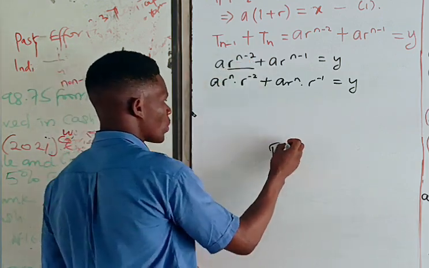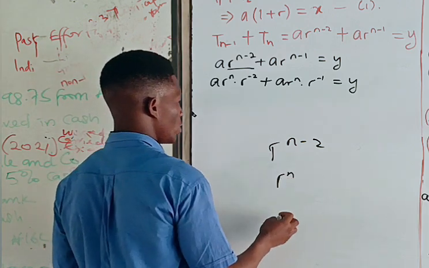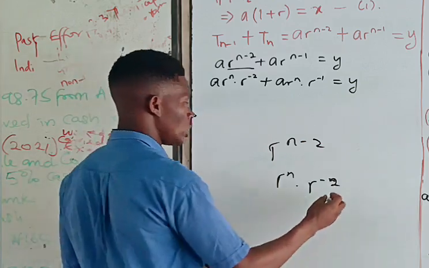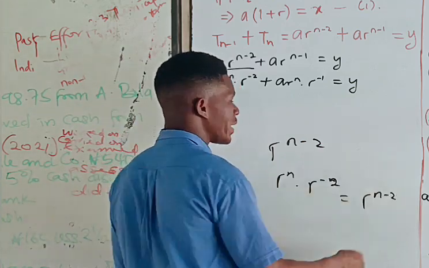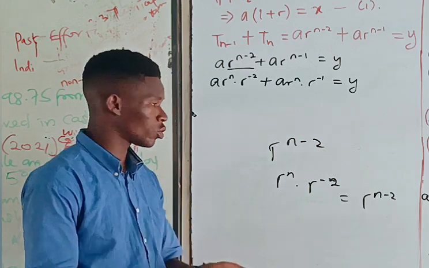When we have R^(n-2), we have R^n · R^(-2), and we know that by the law of indices, it becomes R^(n-2) again. So I've just broken it down because of what I want to do.